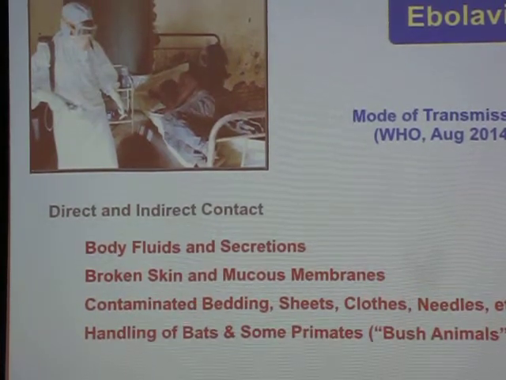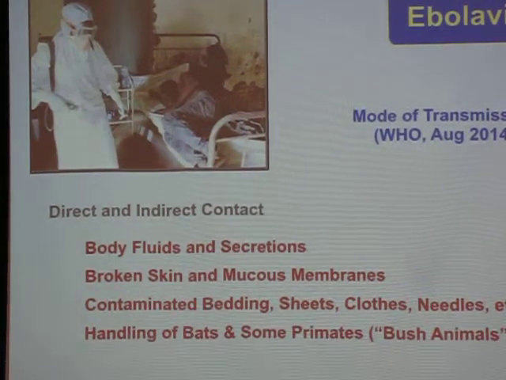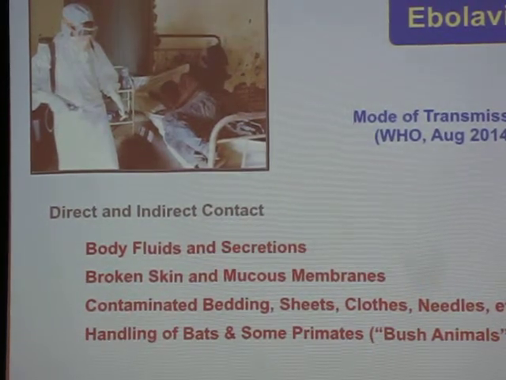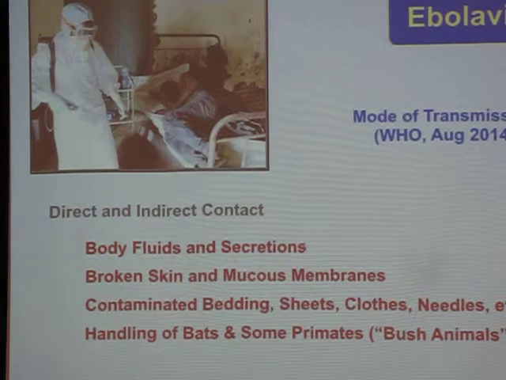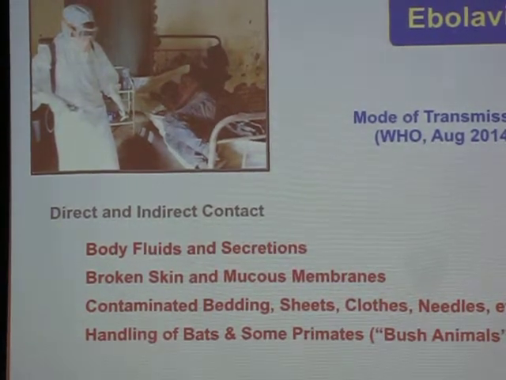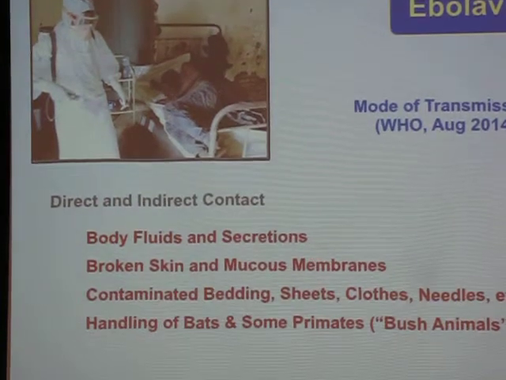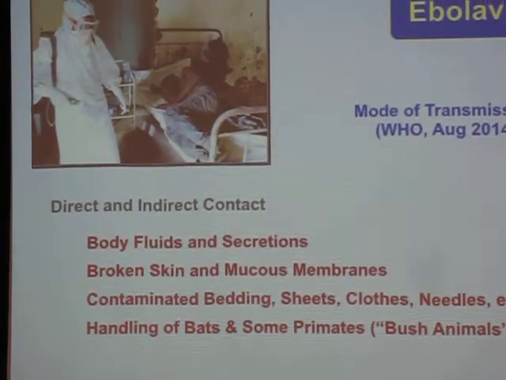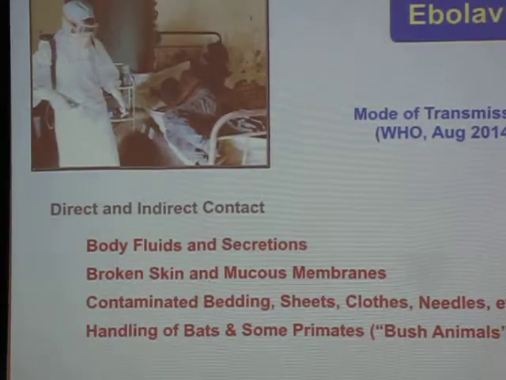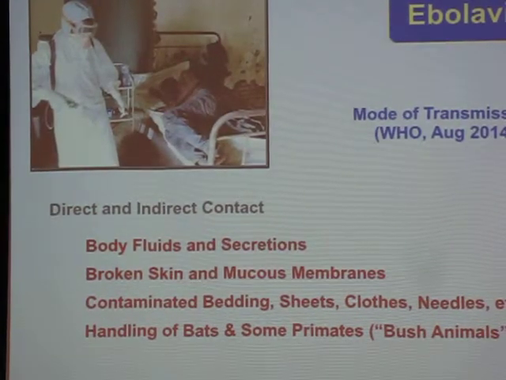Handling of bats and some primates has led, and they know this for sure, that fruit bats and other bush animals harbor the virus. And some countries like Guinea, I believe, have put a government ban on the sale of bats. These are huge bats, ones where there's something to eat.